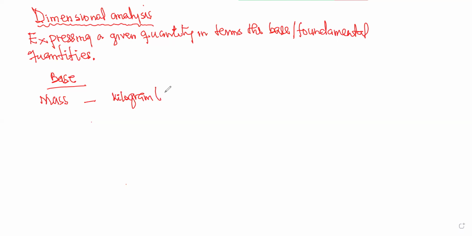How do we write the short form notation of kilogram? kg, in small letters. So we have to be specific: small letter k, small letter g. If you just go by kg, it's an open statement. So 1, we are discussing the base quantities and the corresponding base units.